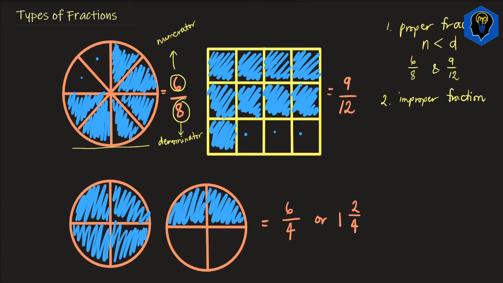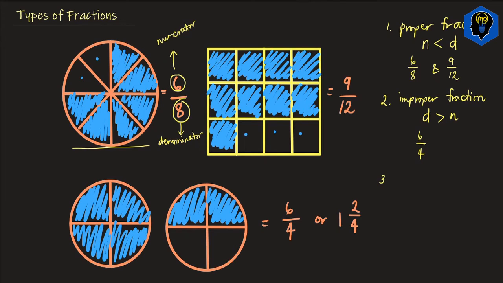So, an improper fraction is the other way around. The denominator this time is greater than the numerator. So, in this case, in our example, it is 6 over 4. So, that is an improper fraction.